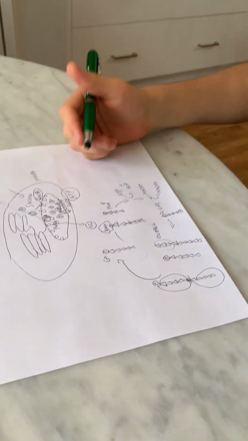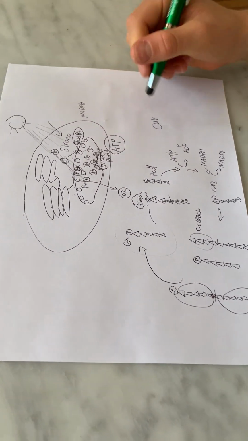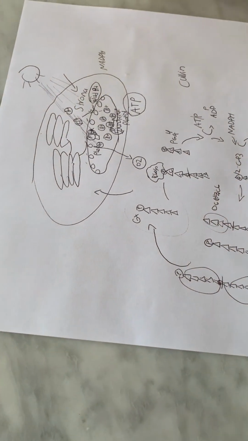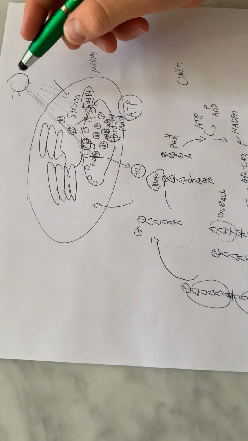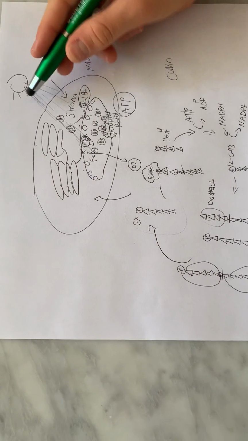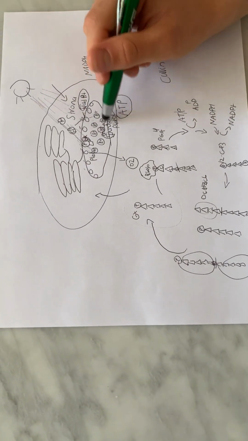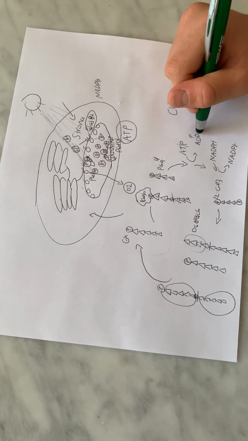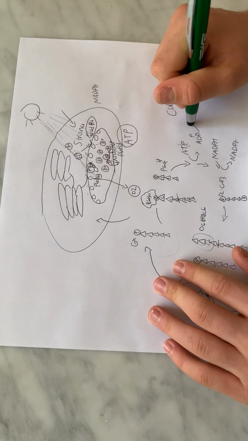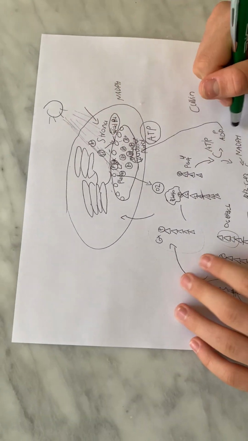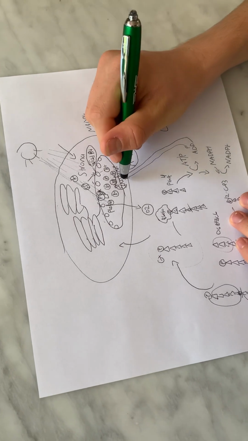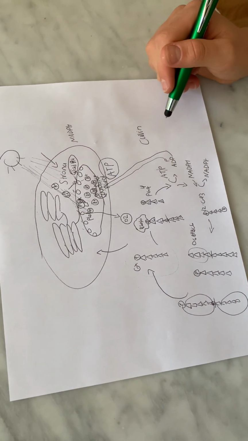So that's a repeating process, and this is called the Calvin cycle. And this happens inside the stroma because it is a light-independent process, meaning it doesn't need sunlight. So it happens in the stroma, which doesn't get as much sunlight as the thylakoids. So what happens is this ADP and phosphorus is brought back into the gear area so that it can be combined again to create more energy.